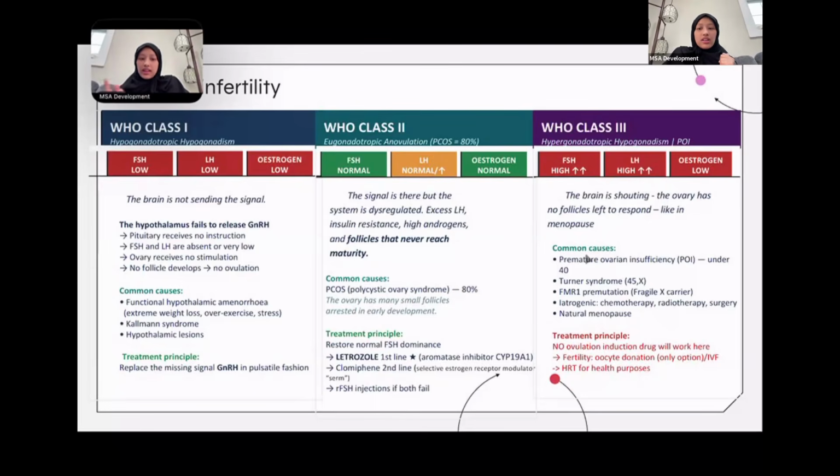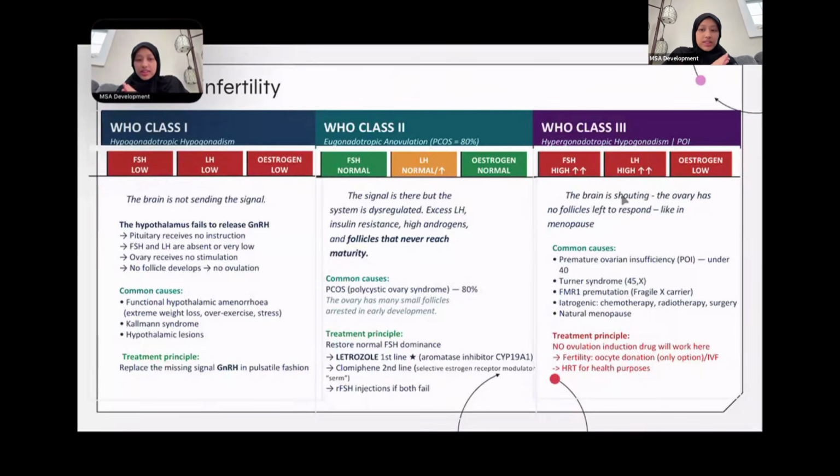So common causes, again, ovarian insufficiency, someone having no follicles left, no eggs left, Turner syndrome, cystic fibrosis, a lot of other syndromes. You don't need to memorize in detail. It's a pharma lecture, so no worries. And menopause, right? So menopause means the ovary reserve is gone, and FSH and LH will be high.